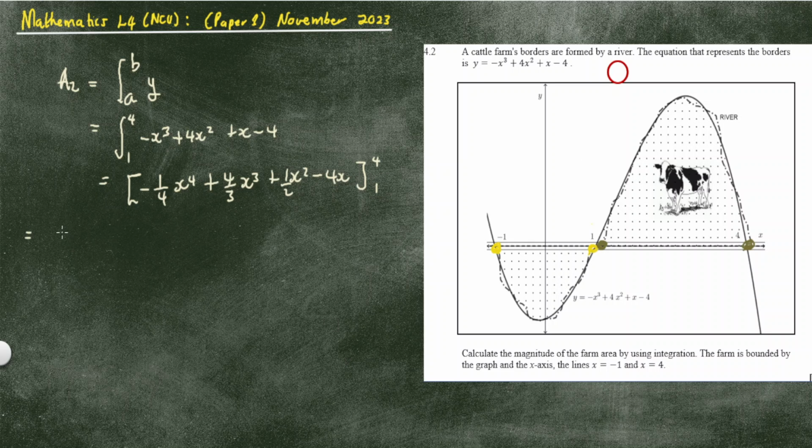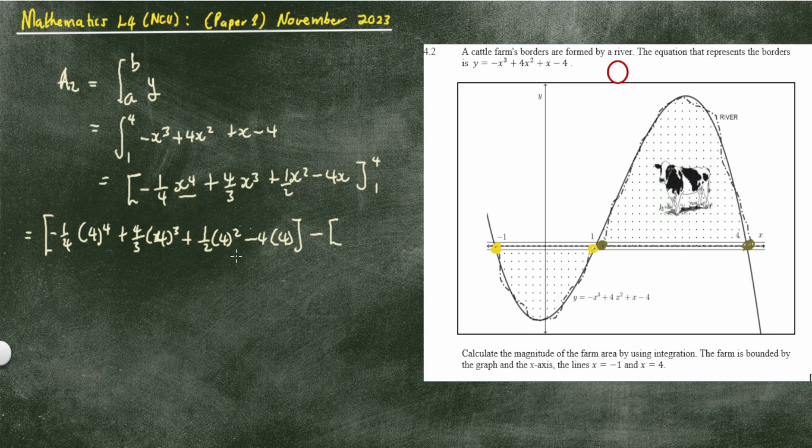So when we calculate, it's just a matter of substituting 4, getting the answer and subtracting what we get when substituting 1. So it's minus 1/4 times 4 exponent 4 plus 4/3 times 4 cubed plus 1/2 times 4 squared minus 4 times 4, close bracket, minus.